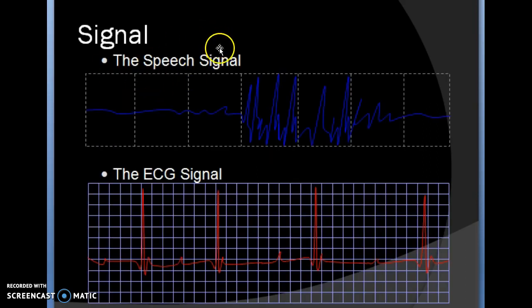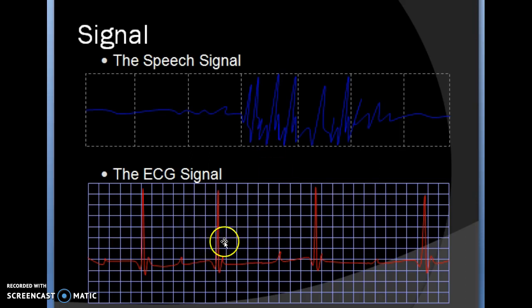Here we can see a speech signal, which contains information over a short period of time, and it is a measure of amplitude, frequency and phase contained in a short interval of time.